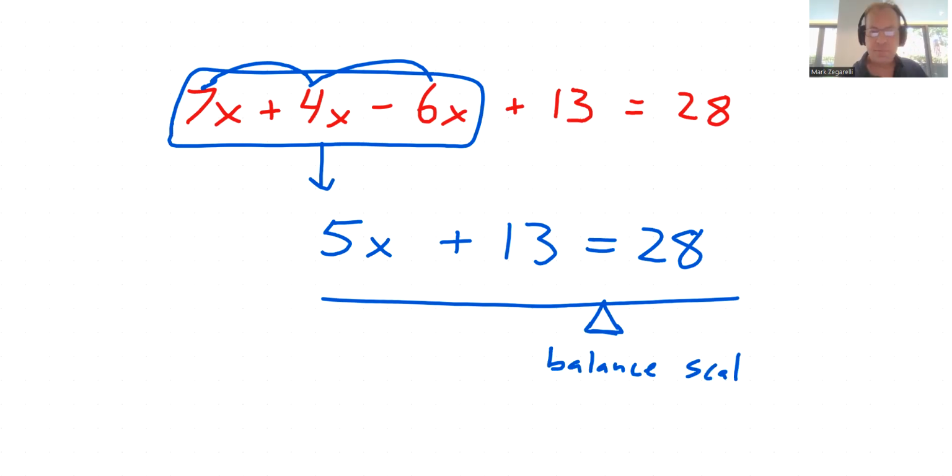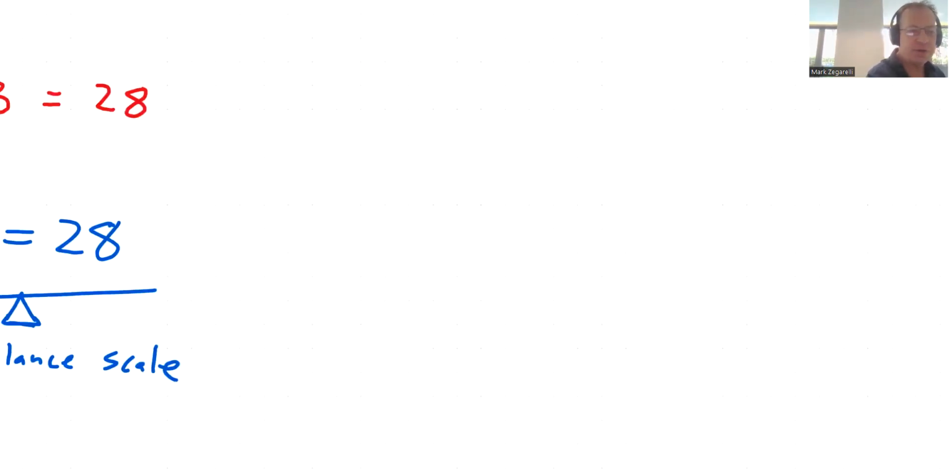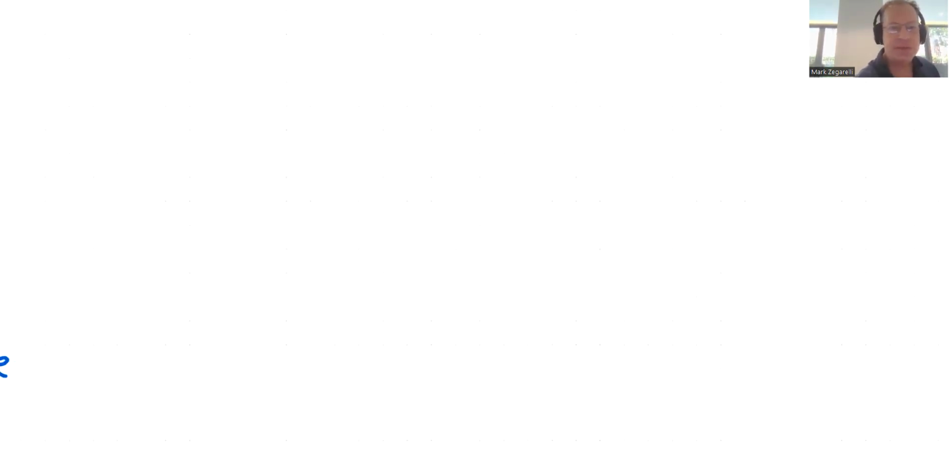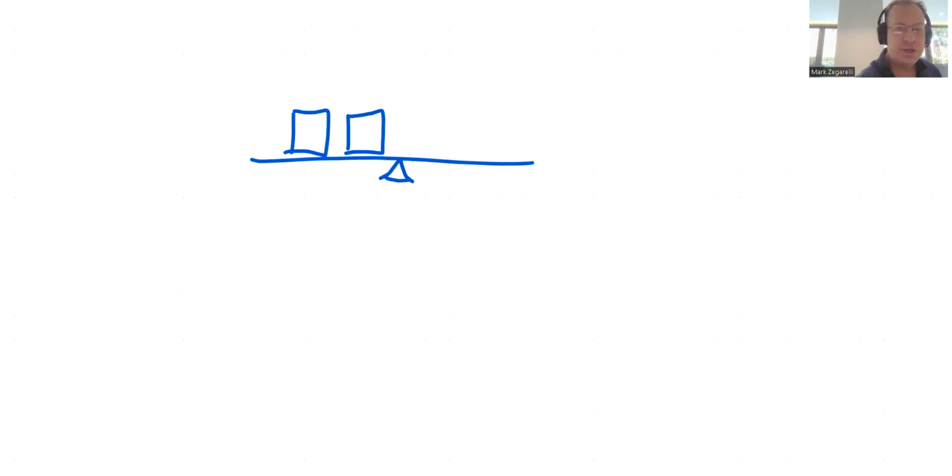And if you remember the way a balance scale works, let's go over here, we'll come back to this in a minute. You have a balance scale and it is currently balanced with 2 squares and 3 circles and a square, and they balance. This is a current balance. What can we do?